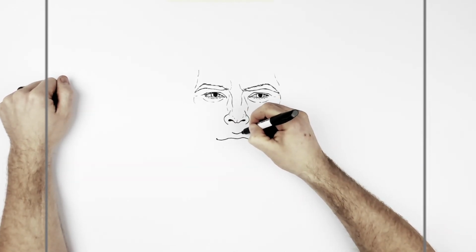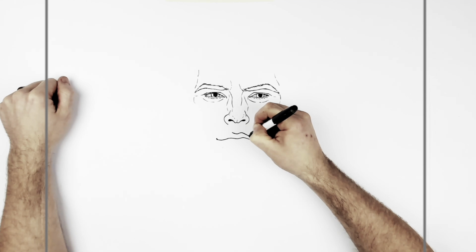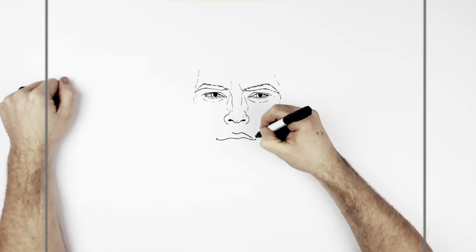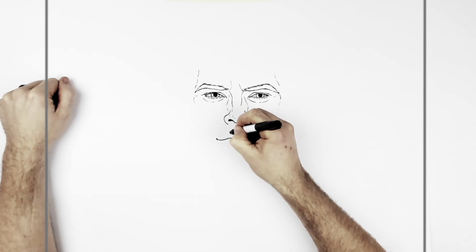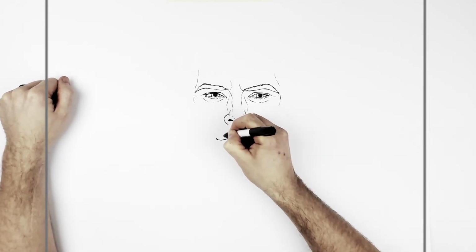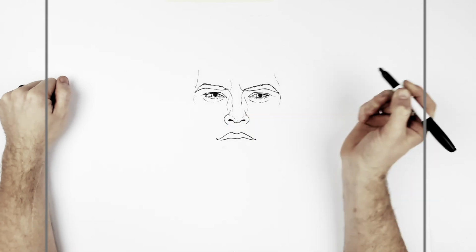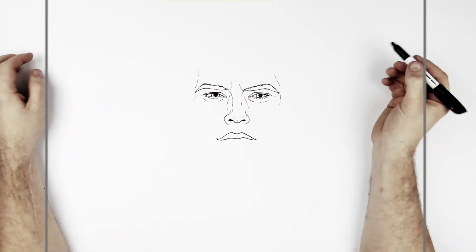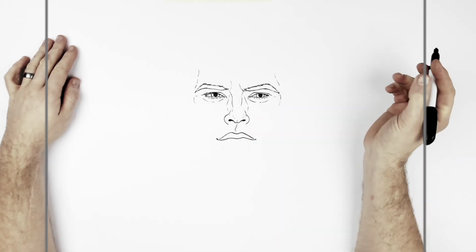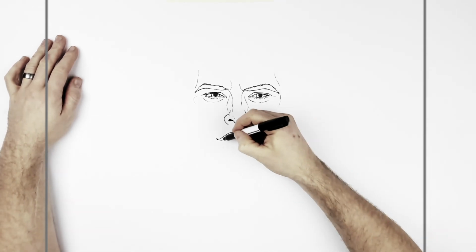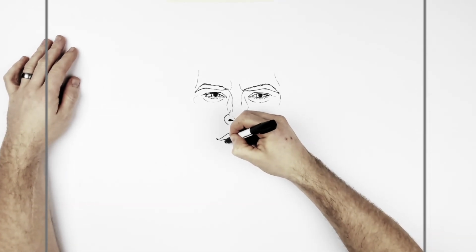And then this thing goes down that way. And the other side down that way. And then we have a top lip line there. And his bottom lip quite prominent as well.